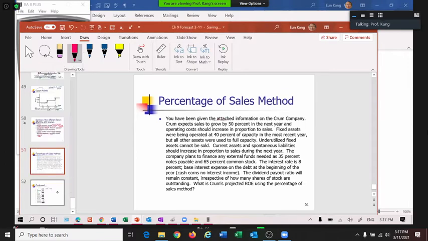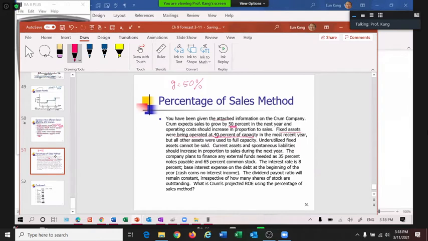Crum expects sales to grow by 50%, so from here we know that g is 50% in the next year, and operating costs should increase in proportion to sales. Actually, you don't need this, right? Spontaneous items just increase in proportion. Fixed assets were being operated at 40% of capacity.